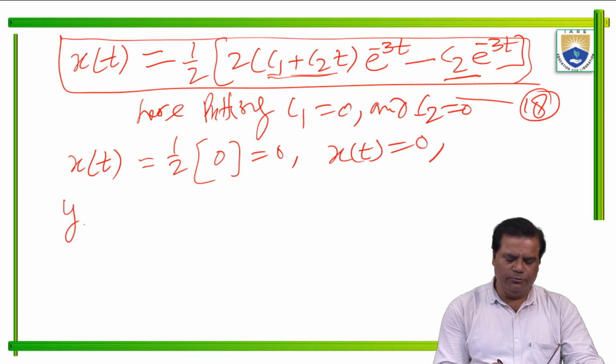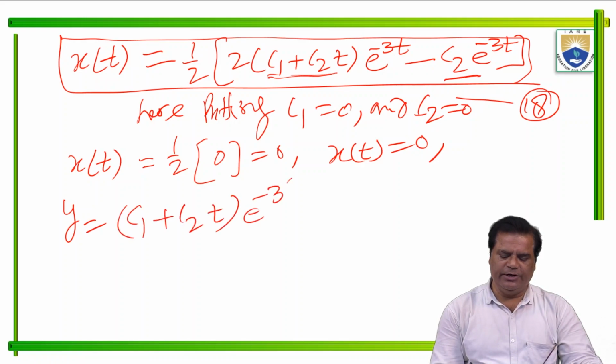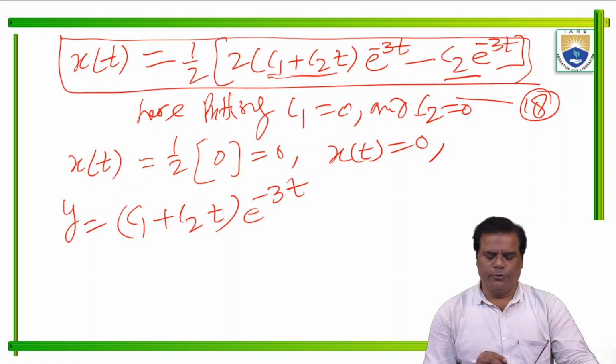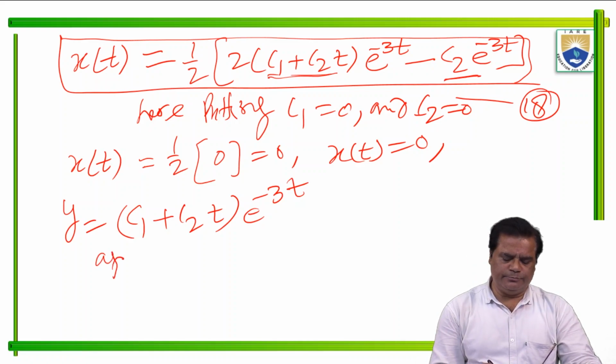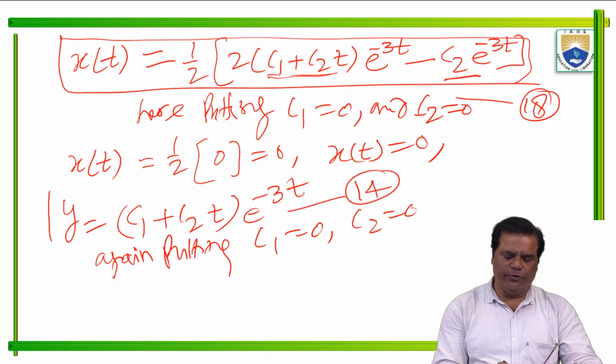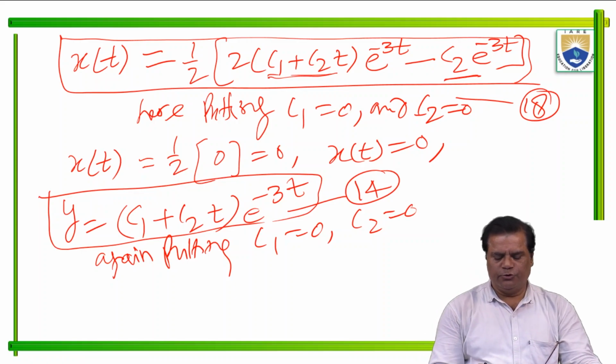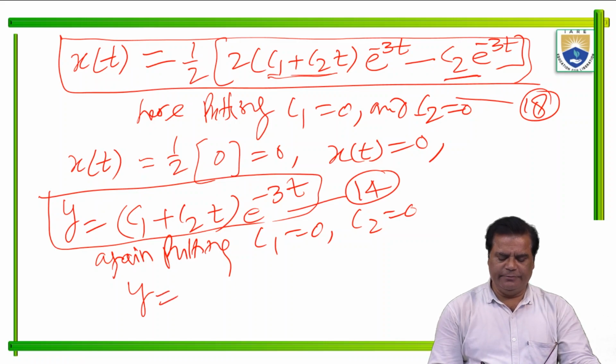Now y is equal to (c1 plus c2 t) e to the power minus 3t. Putting c1 is 0 and c2 is 0 in the equation 14 solution, y(t) is equal to 0.